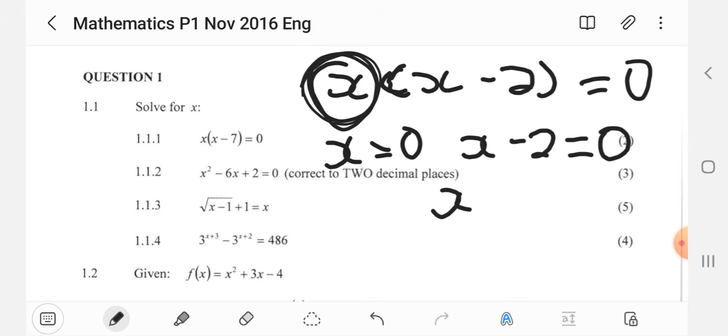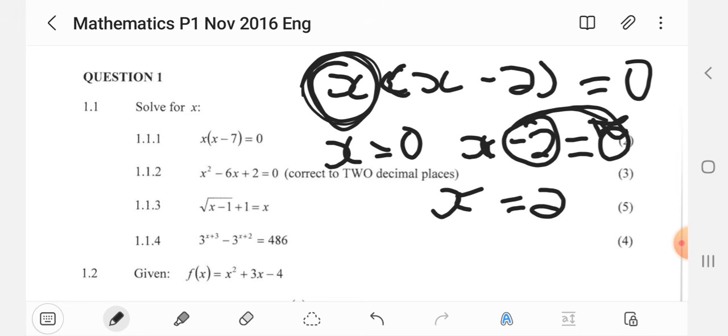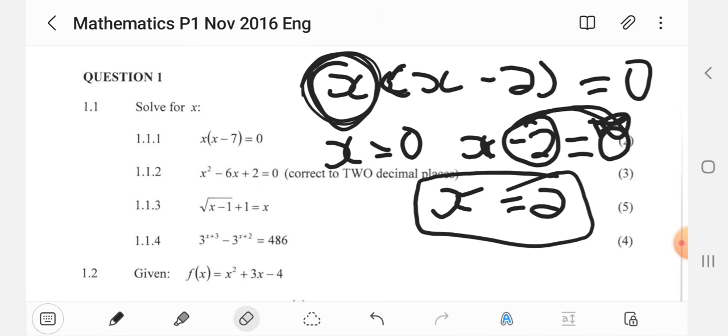Then x will equal 2. So this 2 goes this side, and when you change the side of any number or variable like x, y, z, they change the sign. So this 2 was negative, when it comes this side, it becomes a positive 2, and hence x equals to 2.